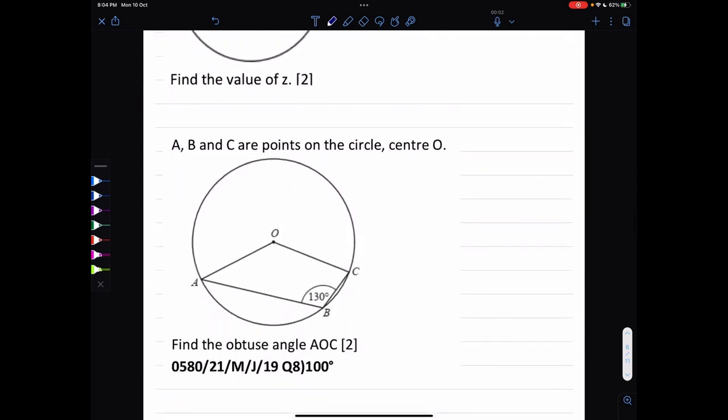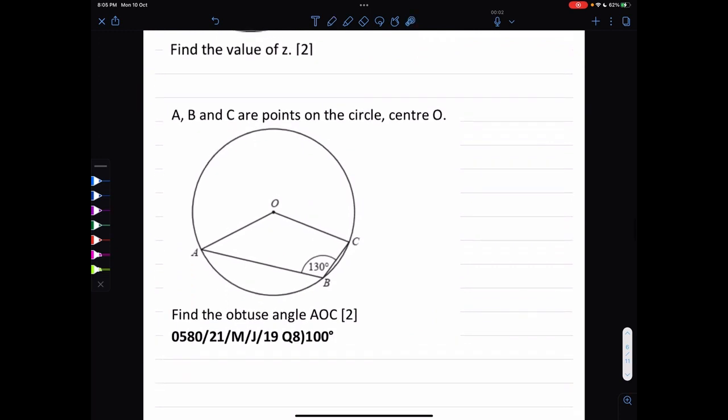Let's look at another example. A, B and C points are on the circle center O. Find the obtuse angle AOC. So we need to find this angle. If you remember, this angle ABC given to you is 130 degrees, which is the angle at the circumference. Recall the property that says that angle at the center is going to be twice the angle at the circumference.